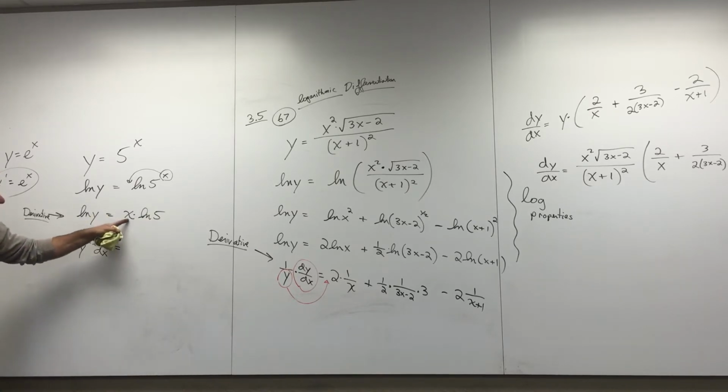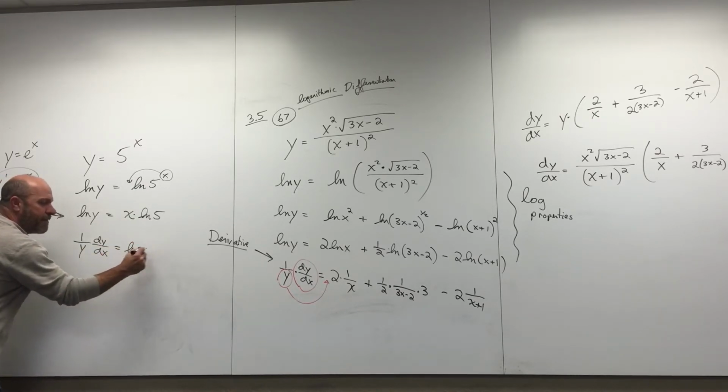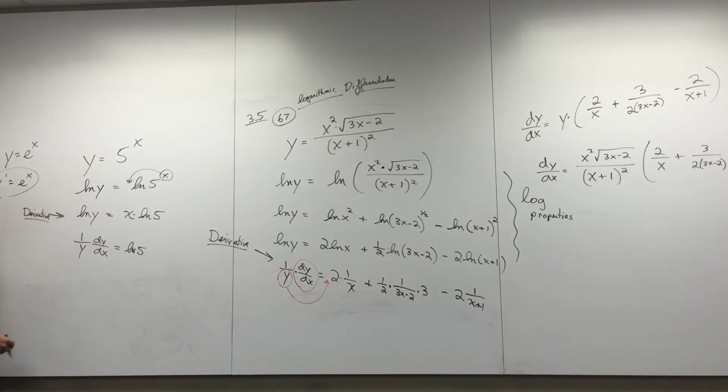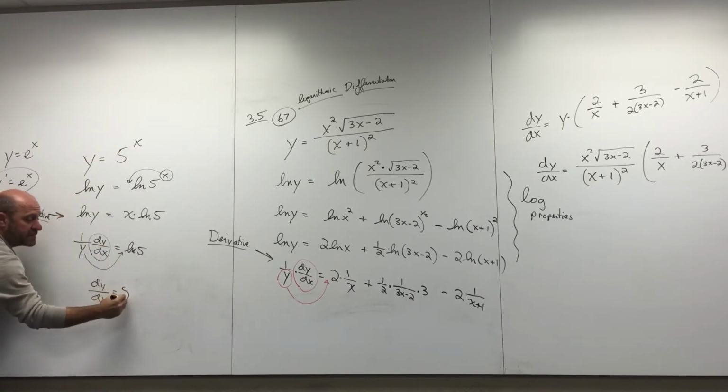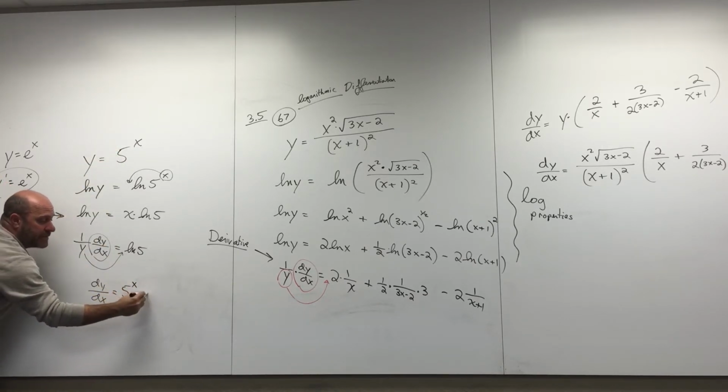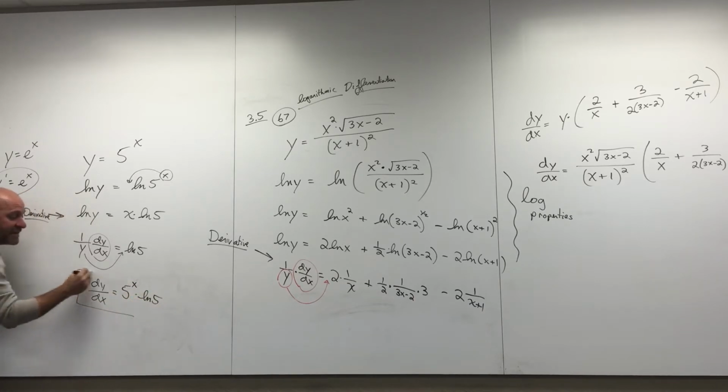So what's the derivative of x times this number? That number. If I want the derivative, I have to multiply by y. So this y shows up here. And what is y? There it is, 5 to the x. 5 to the x times the ln of 5. That's the derivative. You can memorize that rule.